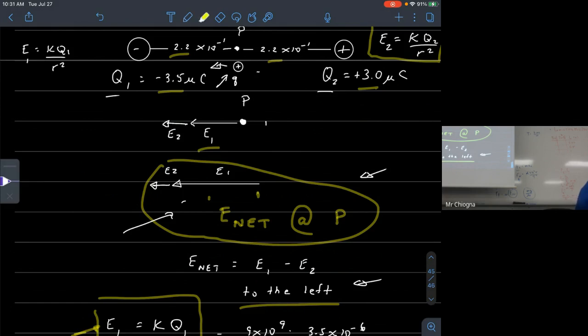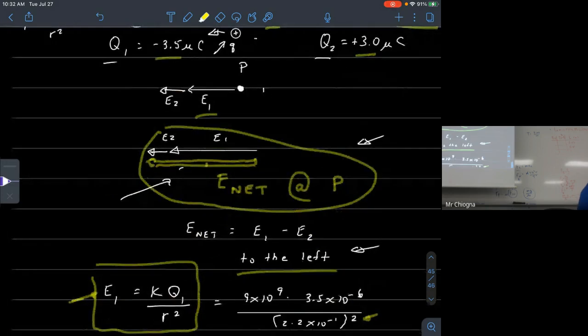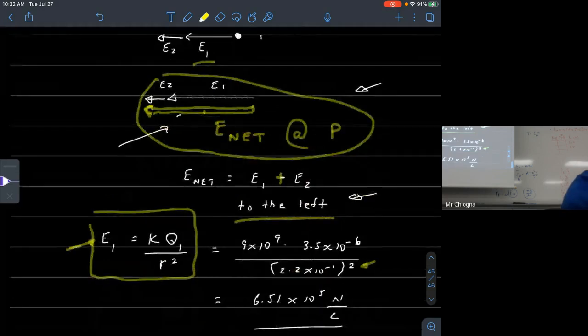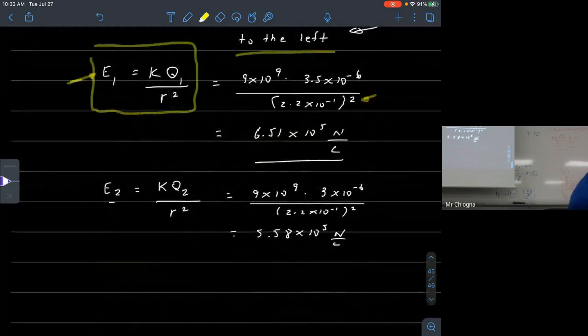My net electric field looks like this. Still to the left, but I'm going to add these two. I'm going to add these two values, E1 plus E2.